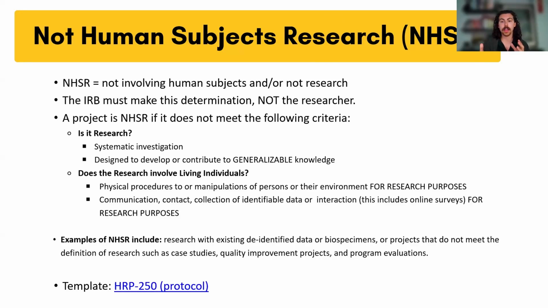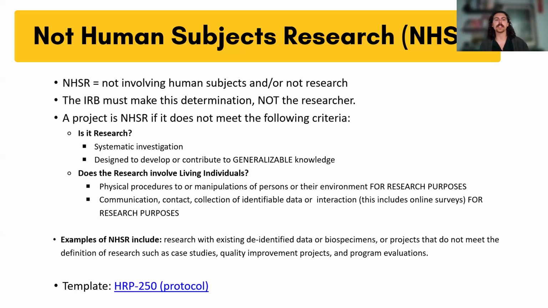Now, there's other examples for categories that don't meet the definition of research, like we talked about. And this would be like a case study, quality improvement project, or a program evaluation. The main thing here is, you have to call into question whether these examples could be a systematic investigation or contribute generalizable knowledge. Usually case studies, quality improvement projects, program evaluations, they're kind of restricted to the setting.